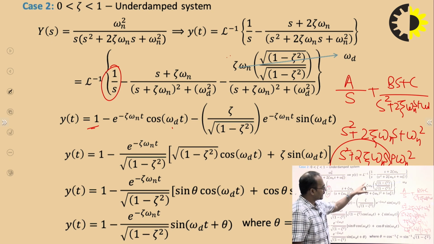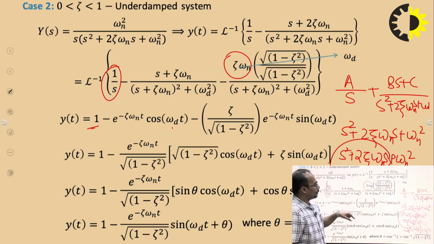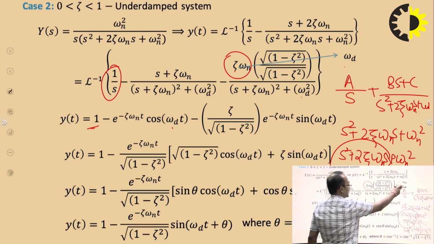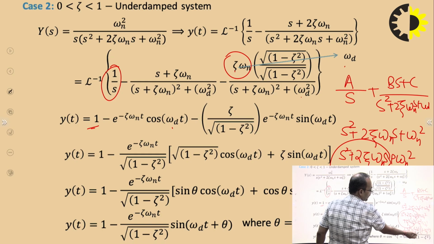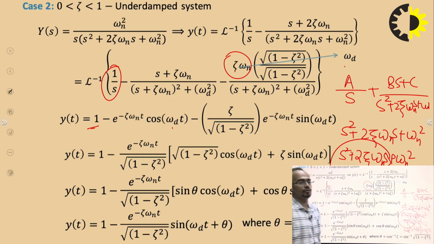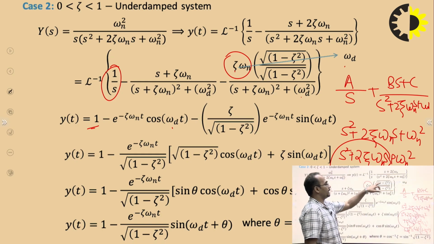Now here the factor is zeta omega n. What will I do? I will multiply it by under root 1 minus zeta square for getting this factor here. So this factor is nothing but omega d. Omega d is nothing but omega n under root 1 minus zeta square.